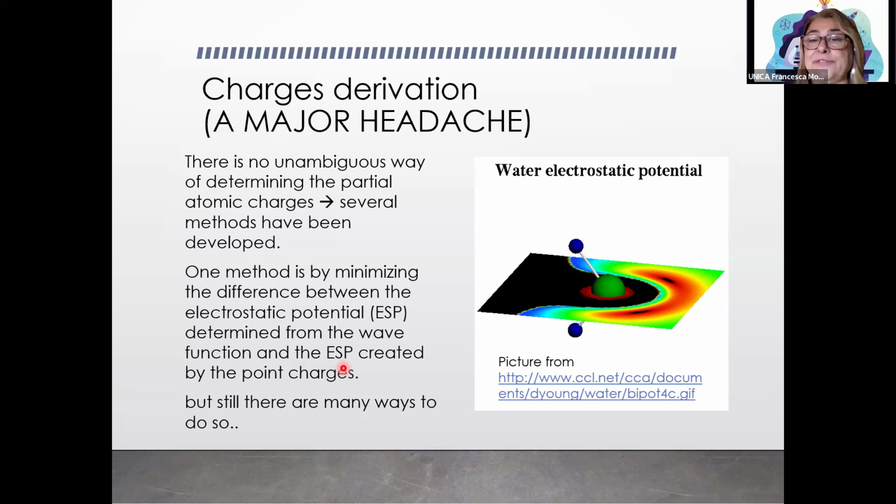Then calculate the differences between the electrostatic potential obtained from the wave function and from the charges centered on the nuclei, and optimize the charge distribution by minimizing this difference. But still, there are many ways to do this.